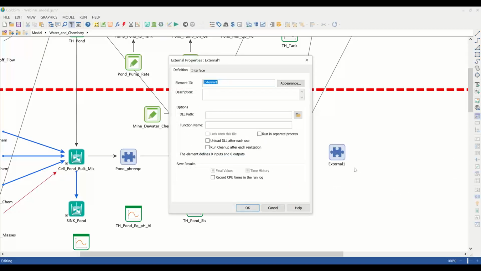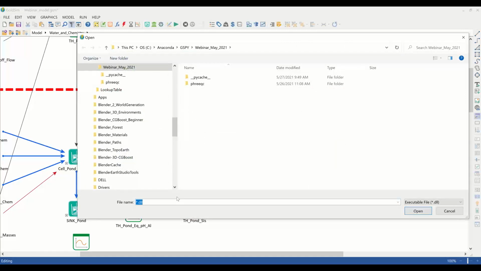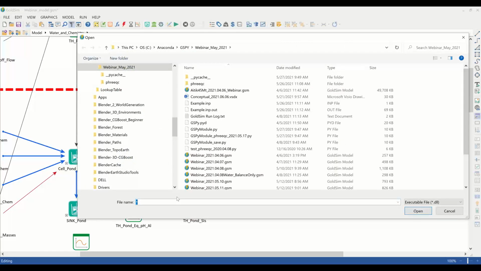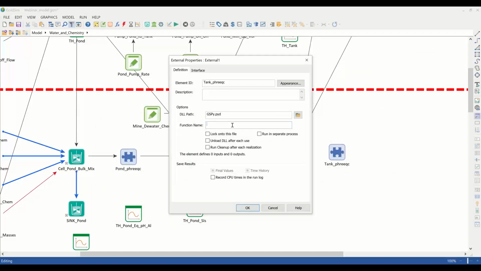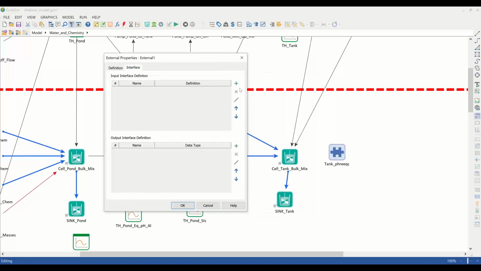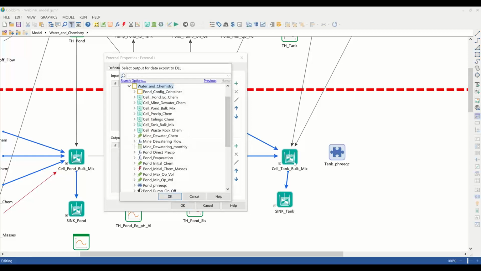So if I go to external, and I'll call this tank Phreeqc. We need to get our DLL path in there again. So there's our .pyd file, and then we need to tell it to be GSPy interface. Run in a separate process, and now we need to define our interface. In this case, what we want to go in is what's coming out of our tank.